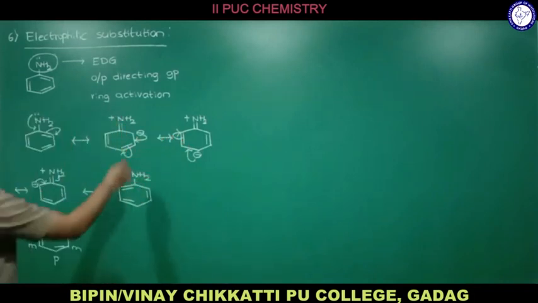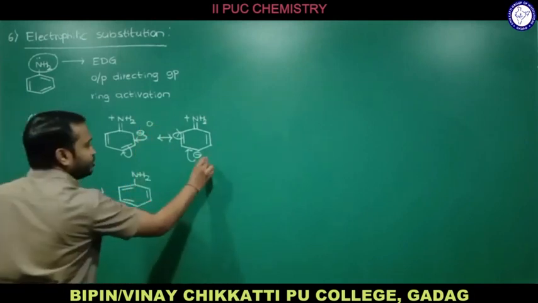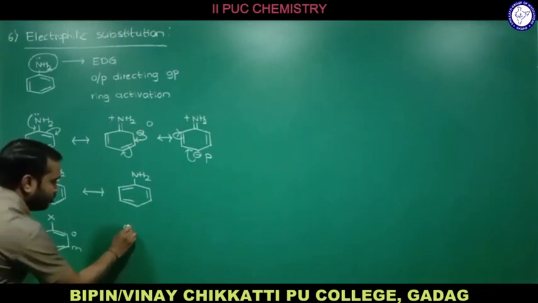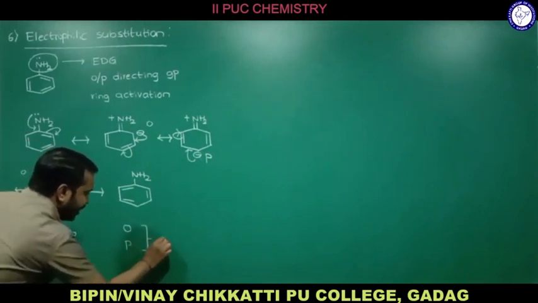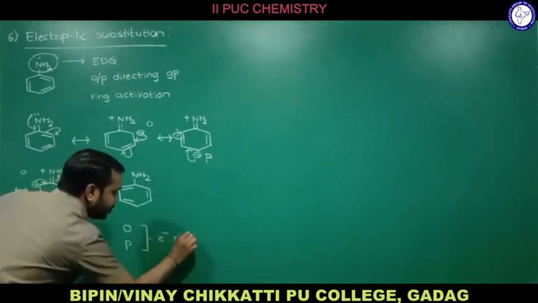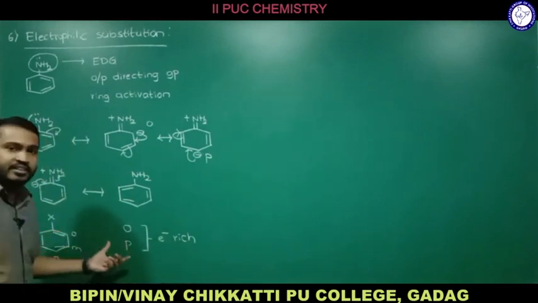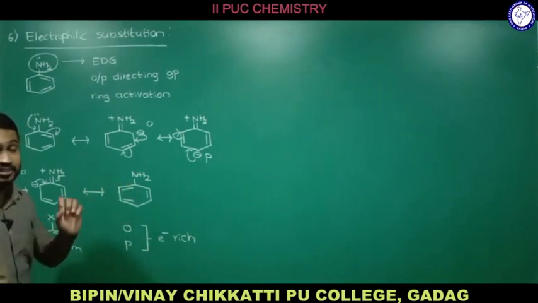Similarly, this position is ortho position, whereas this position we have minus over here, therefore this is a para, and here also this is a para. So we have an ortho position, we have a para position. In these two cases, they are electron rich centers. So electron rich centers prefer the species with the lack of electrons, that is nothing but electrophile.